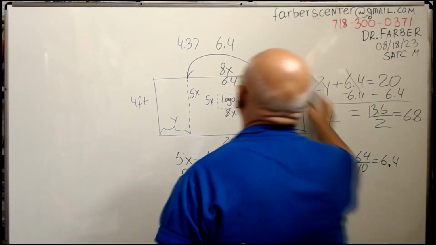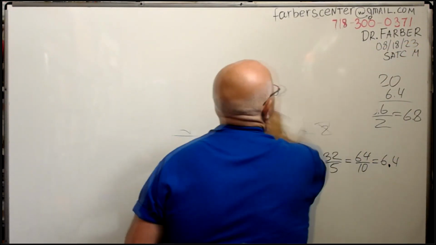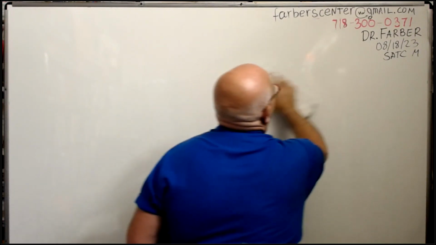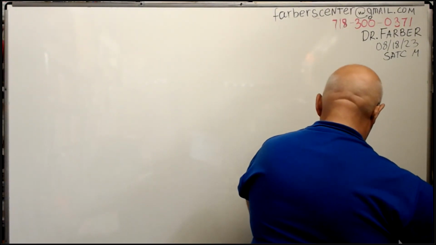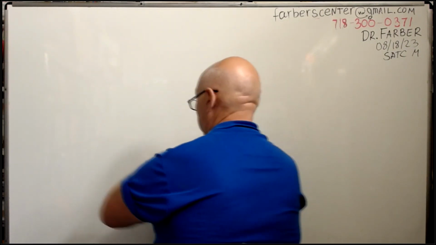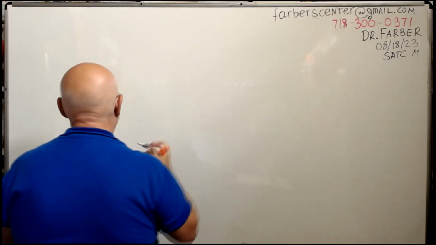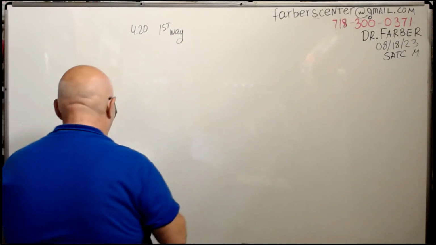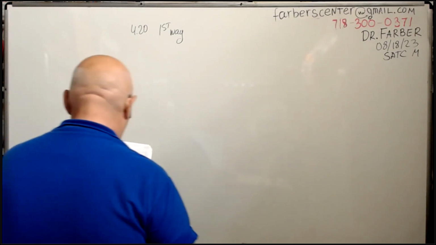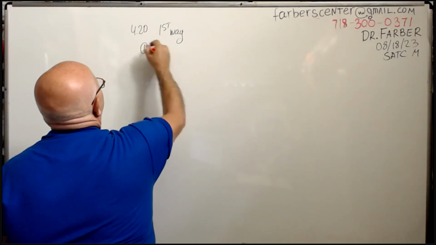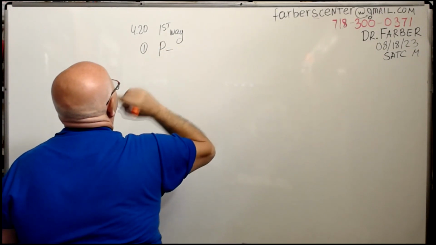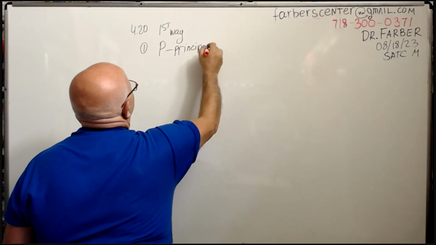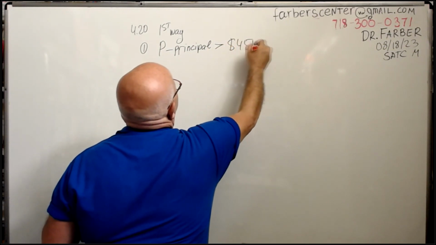So 420, the first way, step number 1: P is principal investment greater than $450, according to this business rule.